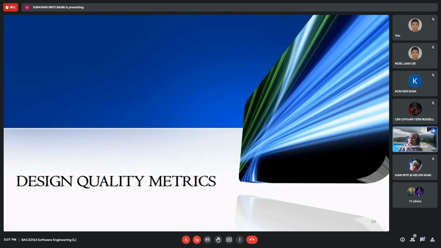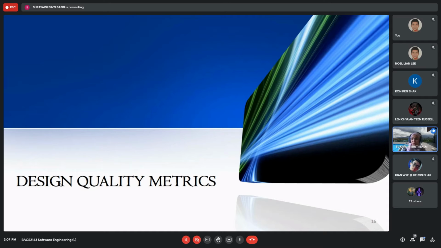It is based on some metrics. In software design, experts have given guidelines: for a design to be said as good, it must have quality metrics. In this topic, we will learn about 4 quality metrics that can be used to measure whether your design is good.